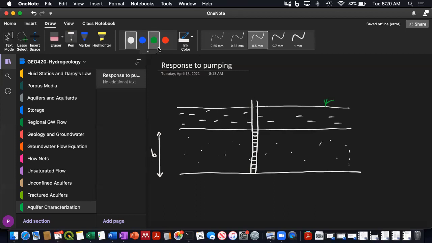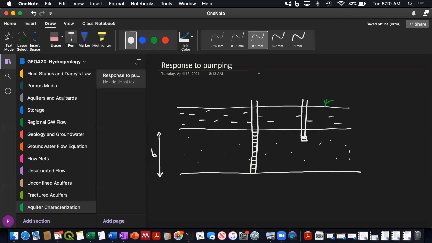And then I'm going to have another well or a piezometer at some distance over here. All right, and this piezometer just has a short screen here.